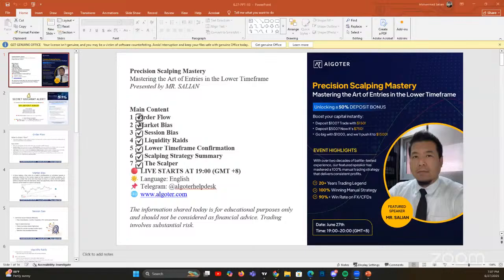When we say scalping, what do you have in mind? Short trade, okay, very good. Quick entries and quick exits.